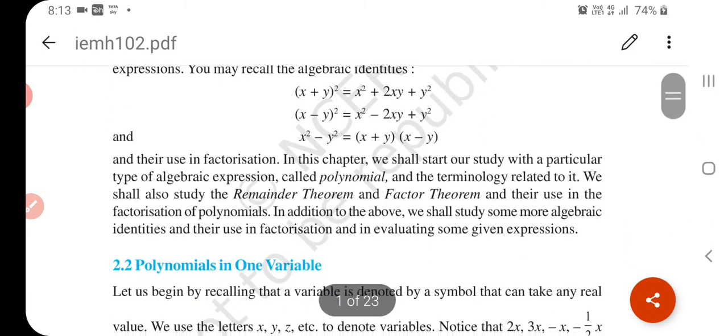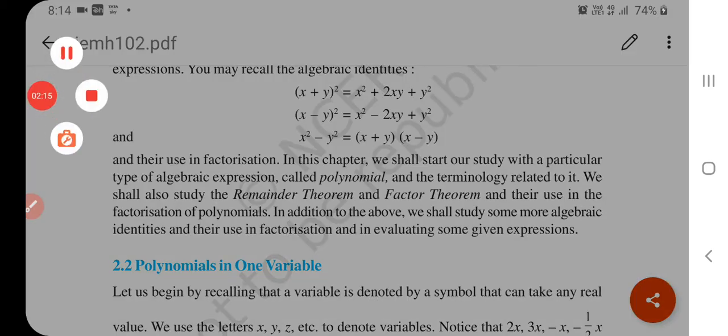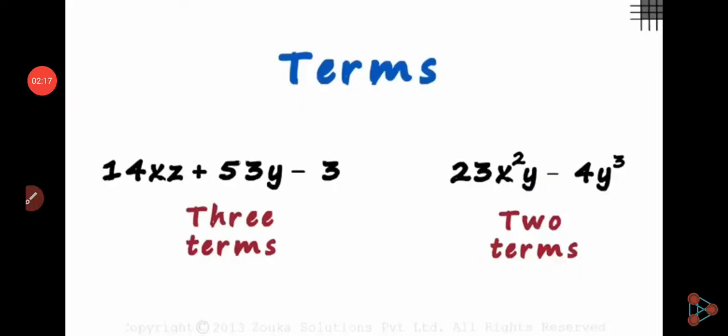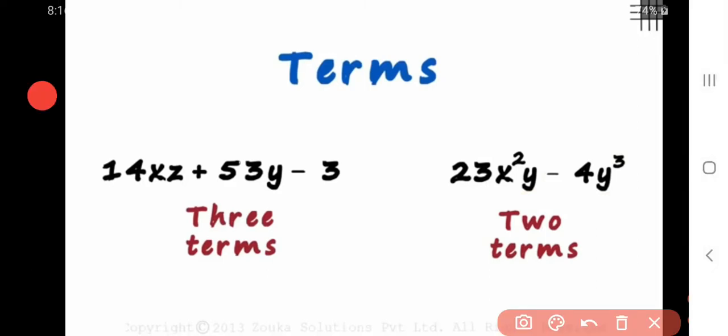So in this, first of all, let's learn what is polynomial. Students, see these terms. Here 14xy plus 53y minus 3. Here it is 3 terms. Why? Because here 14xy is one term, 53y is second term and minus 3 is third term.